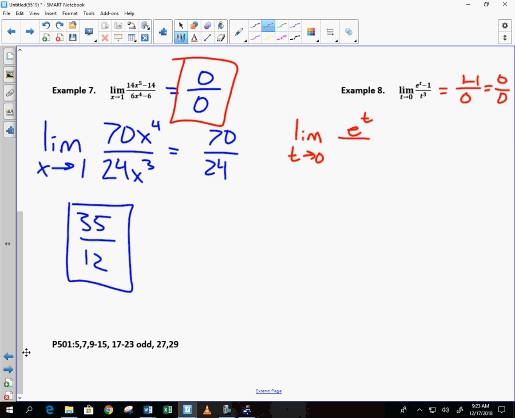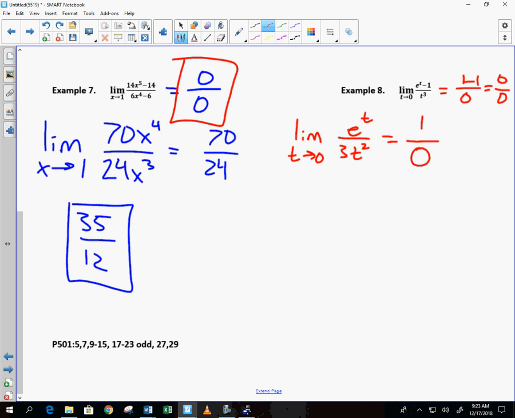Over 3t squared. I plug in 0. Anything to the 0 power is 1, over 0. Goodness, 1 over 0. I don't know what that is.